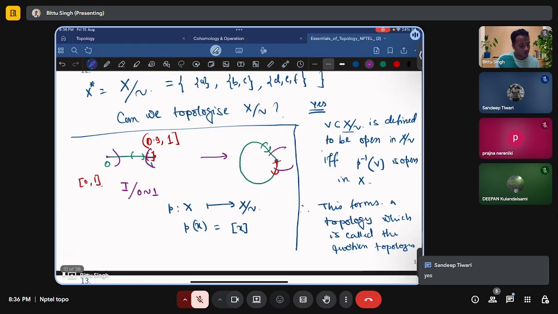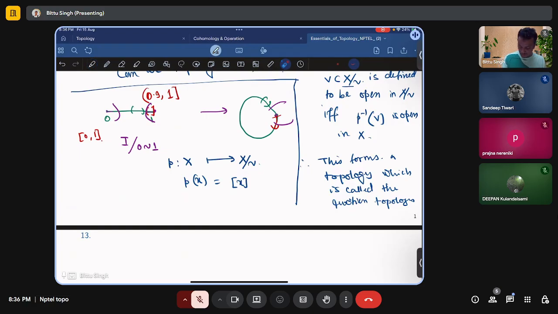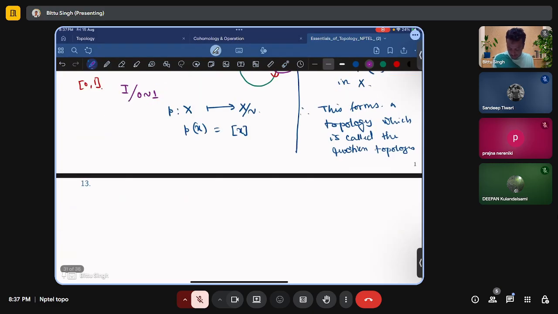So this is the way to create it, but Munkres's book starts in the reverse direction, which is very artificial. For a first-time reader, it will be very confusing. So you should always start in this way. I think this is a better way. Lots of books start with this. Now let us define formally.